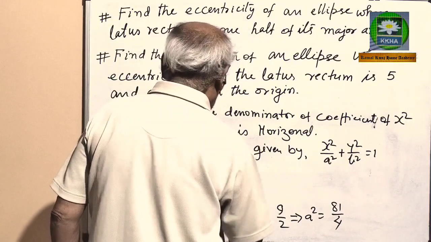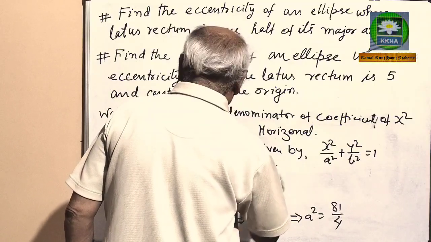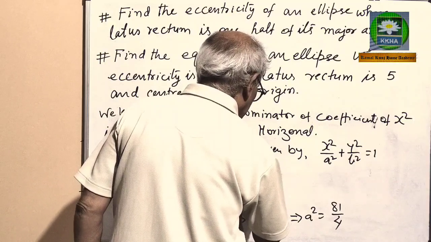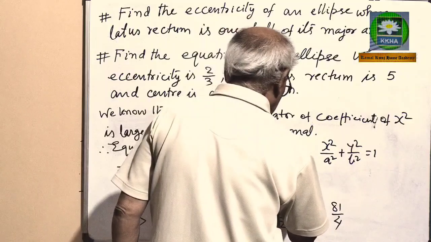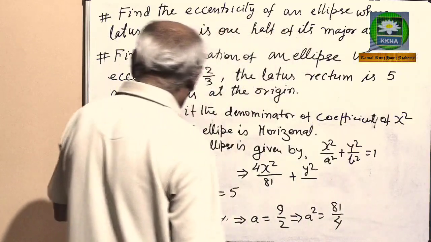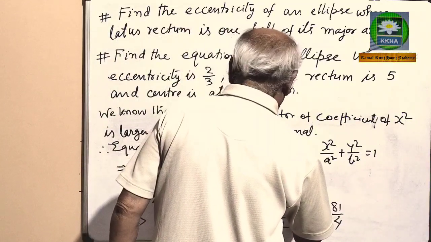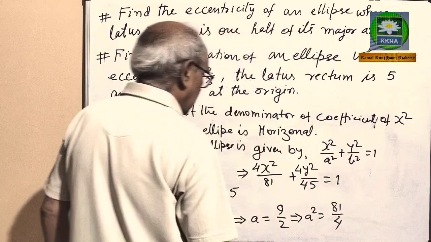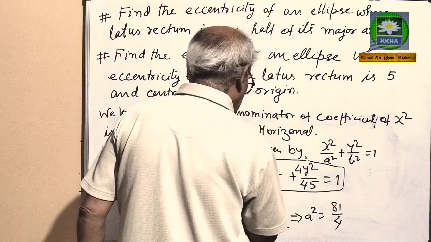Here a square is 81 upon 4, so it will become 4x square upon 81, plus y square upon b square, where b square is 45 upon 4, so it will become 4y square upon 45, equal to 1. So this is the required equation of the ellipse.